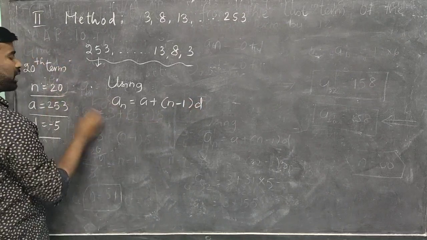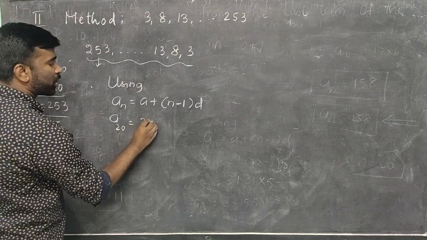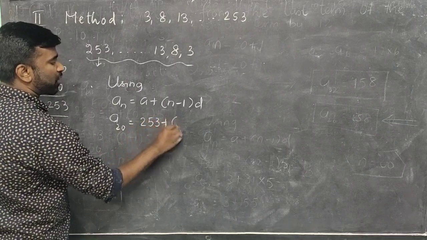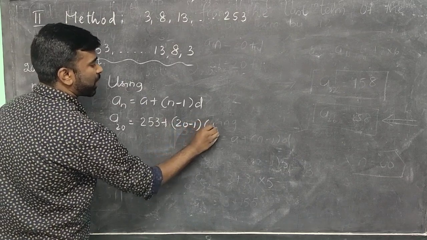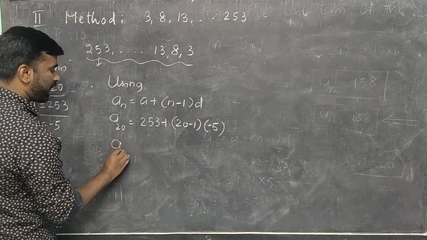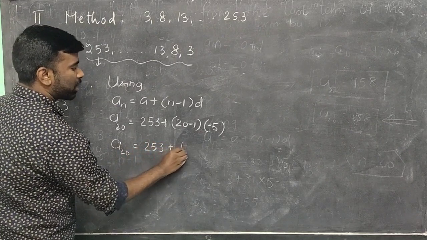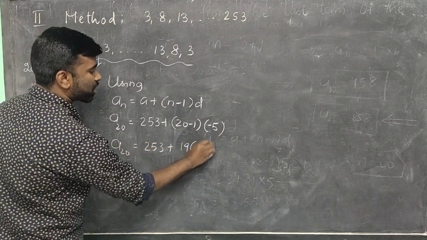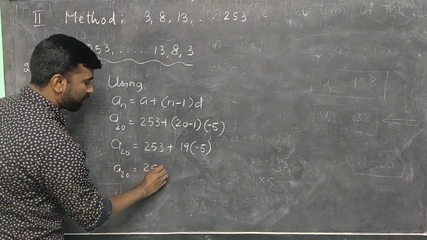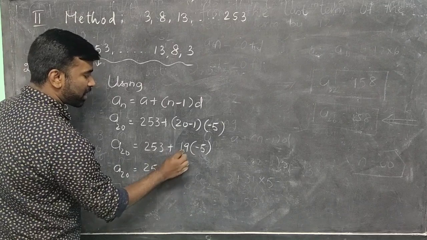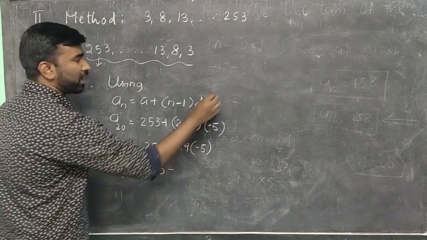Now we should find out the 20th term. Therefore, a20 equals, what is the value of a? 253 plus, what is the value of n? That is 20 minus 1 into d, what is d? Minus 5. Now a20 equals 253 plus 19 into minus 5. a20 equals 253 minus 19 into 5. We get 19 into 5.